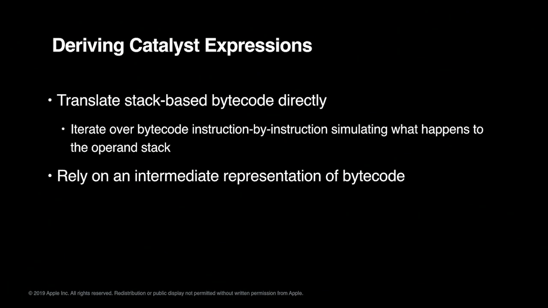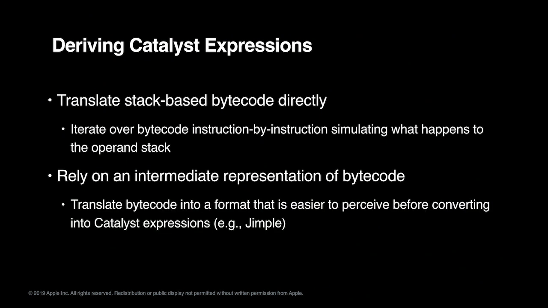You might build an abstract syntax tree, or you might use some format like Jimple or something like that. The second option really makes sense if you want not only to translate your expressions, but also to optimize them later on. It will be much easier with that. But in our particular use case, we just need to translate, and we expect that the Catalyst optimizer will do the rest for us.